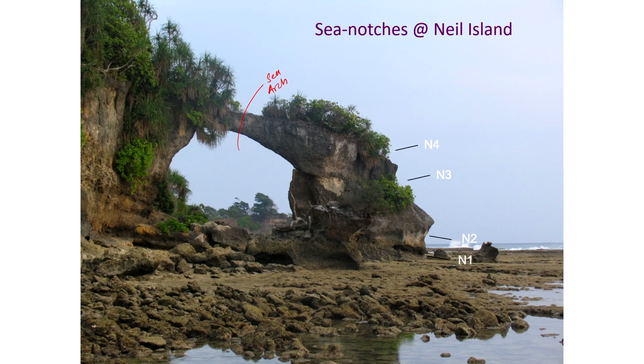Okay. So, you have a small notch over here like this, then it goes like this over here, then another one is over here, then another one is over here. Okay. So, you have multiple sea notches.